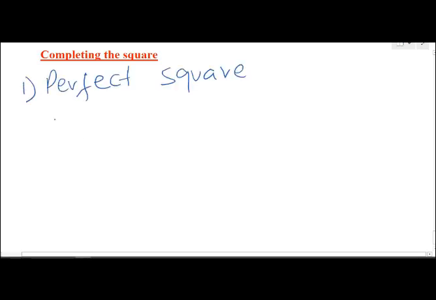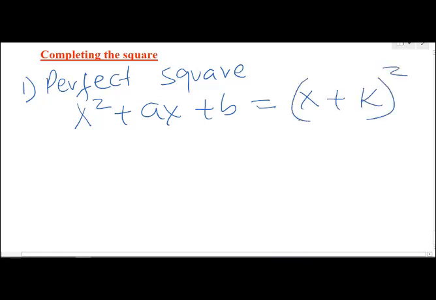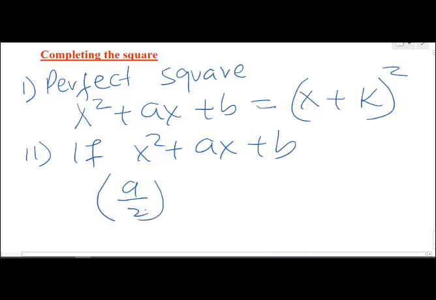We say that a quadratic expression is perfect if it holds the following condition, that is x squared plus ax plus b is equal to x plus k everything squared, whereby k is a numerical value. Number two, if x squared plus ax plus b is a perfect square, then we have a over 2, everything squared must be equal to b.